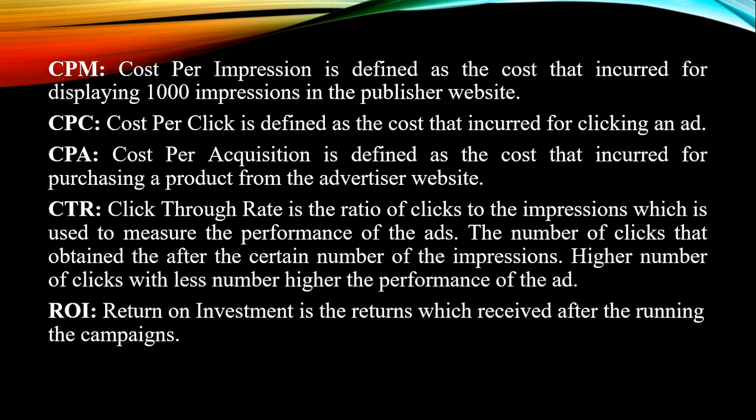Cost per click is the cost incurred for clicking the ad. We have seen what a click is, when customers click on that particular ad. Cost per click indicates the cost incurred when they click on the ad.